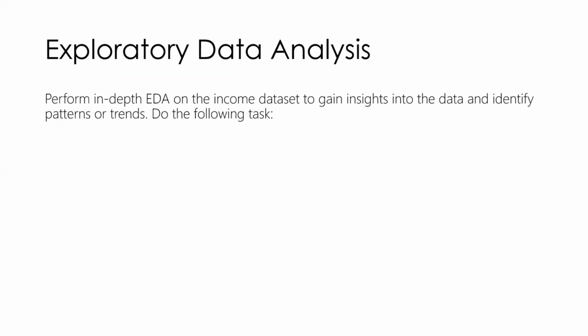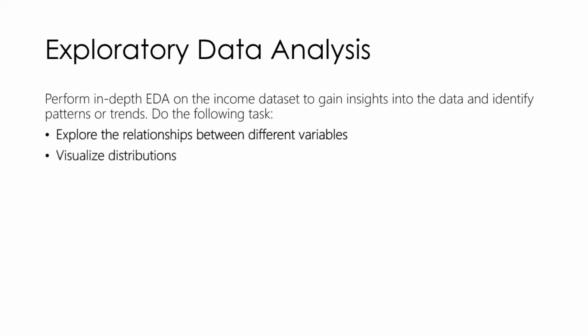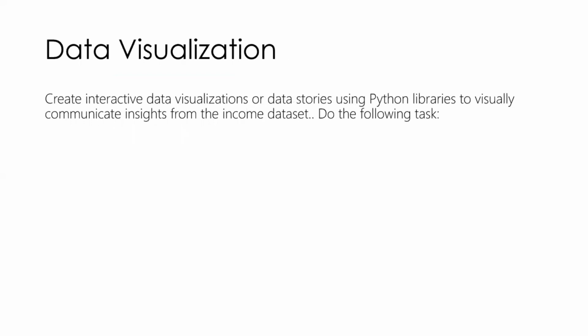You can do this by performing the following tasks, which is exploring the relationships between different variables. And you can also visualize distributions to do EDA and analyze statistical summaries.